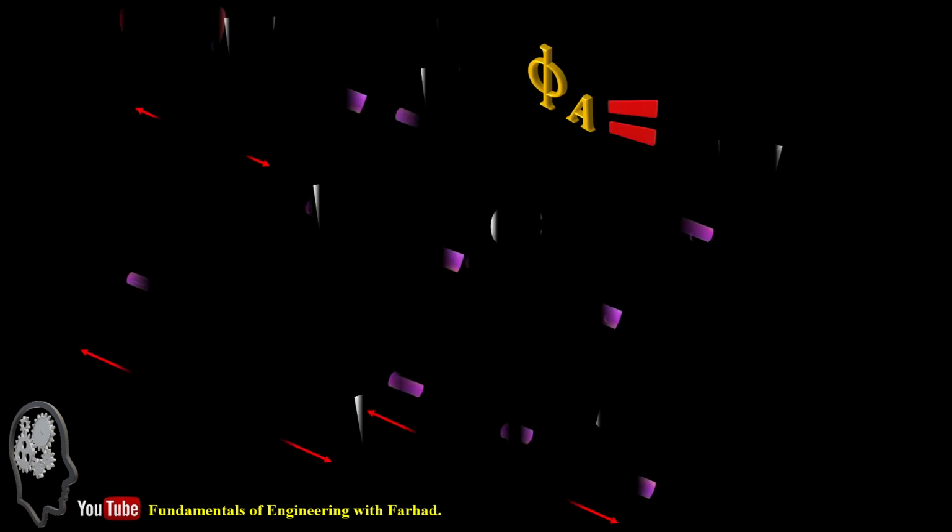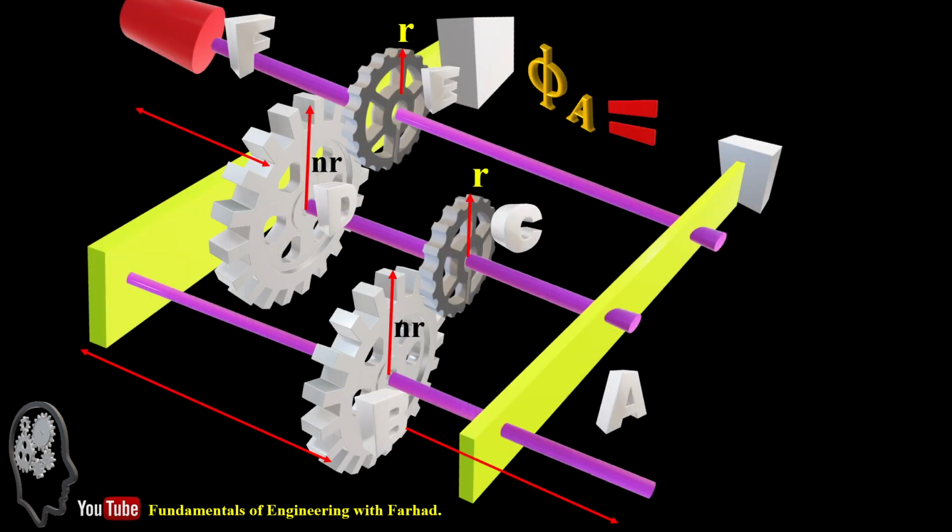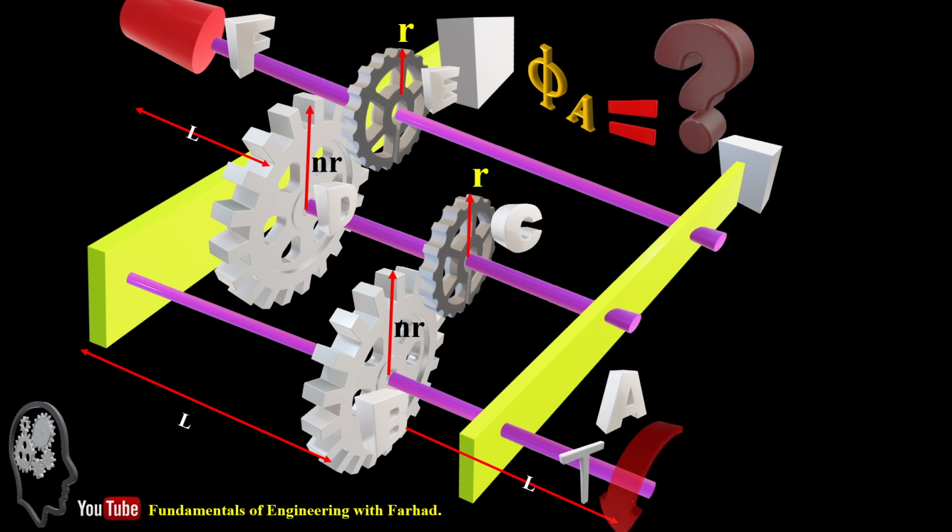To do so in solving such problems, we will start from the free end like here and get the relation between the gears based off the peripheral motion and also kinematics of motion between them.